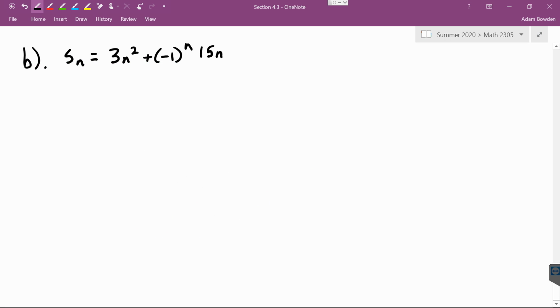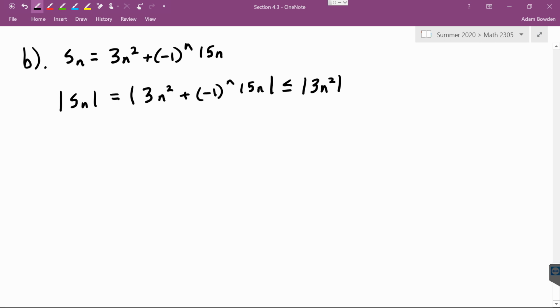Now in our next example here, we'll start off with the absolute value of S of n. That's equal to the absolute value of 3n squared plus negative 1 to the n times 15n. Now this is going to be less than or equal to the absolute value of 3n squared plus the absolute value of negative 1 to the n times 15n.